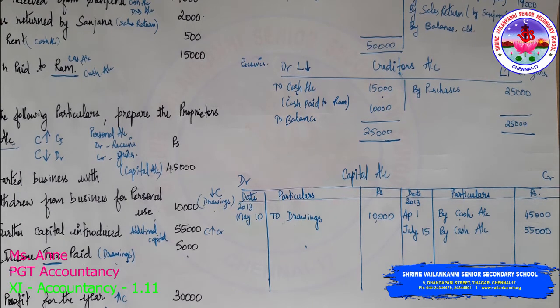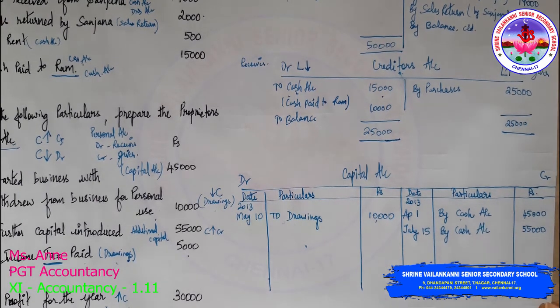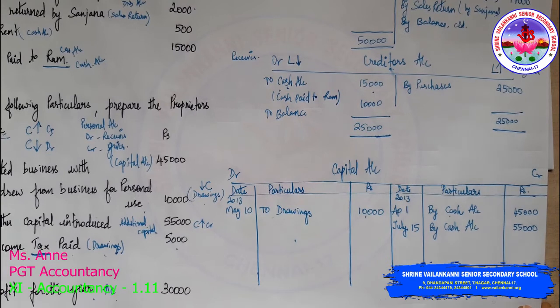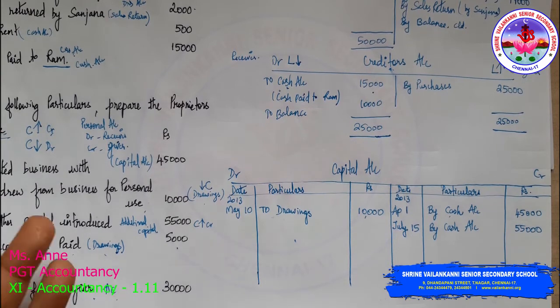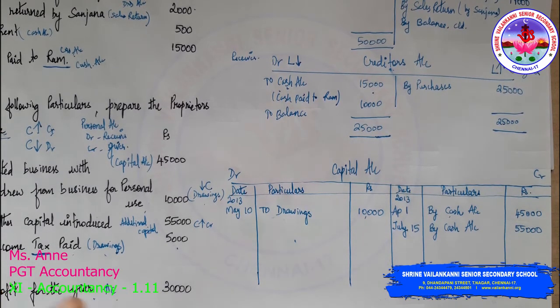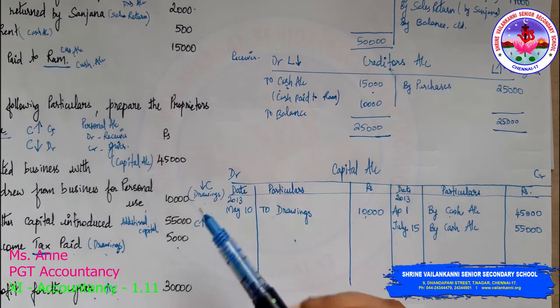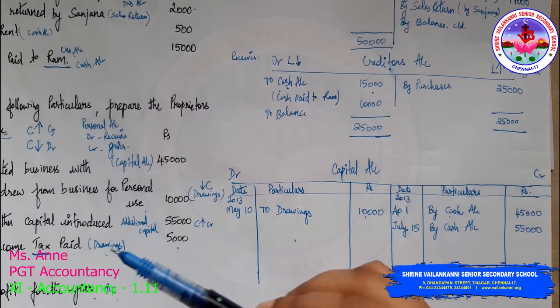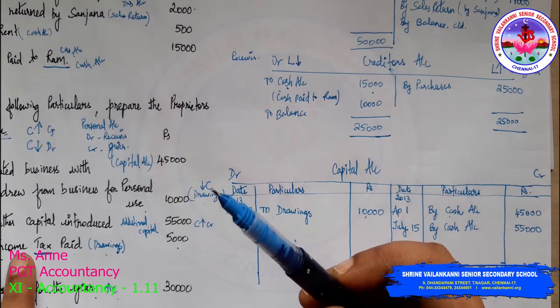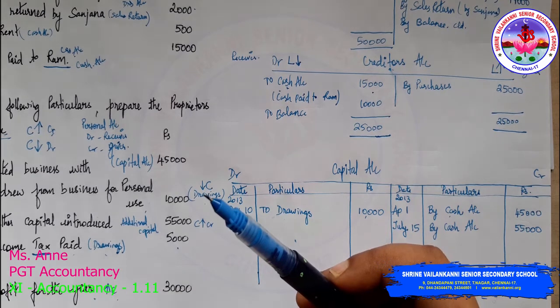Then November 30, income tax paid. I told you income tax is a personal transaction. It is a personal obligation. Okay, so on the income the proprietor has to pay tax. So he has recorded here in this transaction. So we are taking this as drawings. Withdrawn some money to pay personal things.